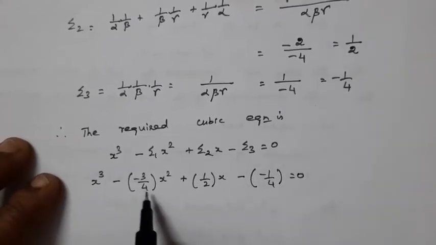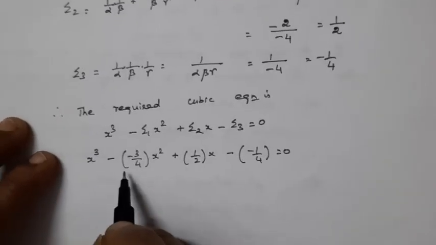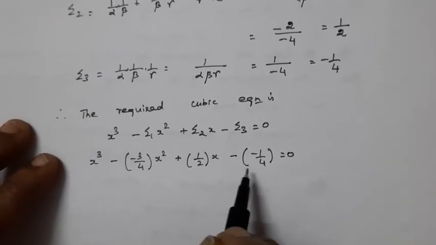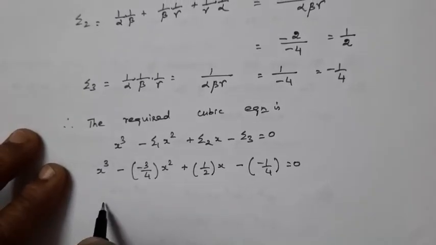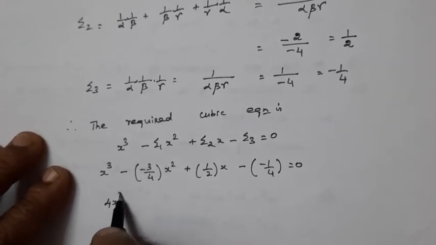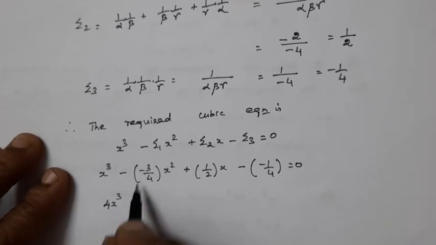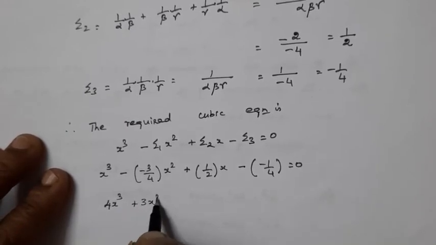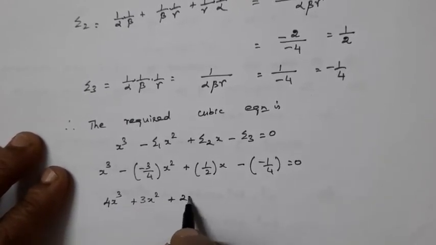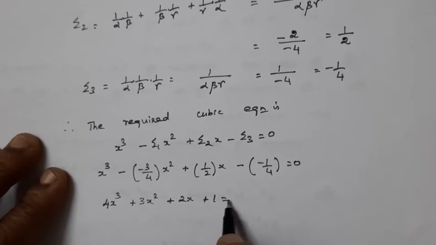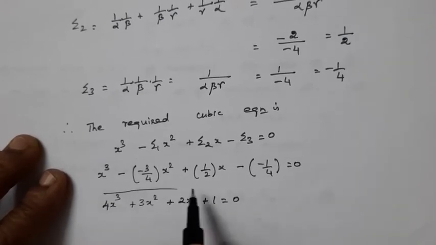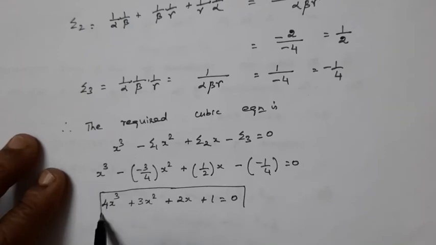So always you should get integer coefficients. So you have to multiply throughout by the LCM of the denominators, which is 4. On multiplying by 4 throughout, we have the equation as 4x cube, and here minus into minus will be plus 3x squared, and here plus 2x, and then plus 1 is equal to 0, and this is the required equation. Okay.